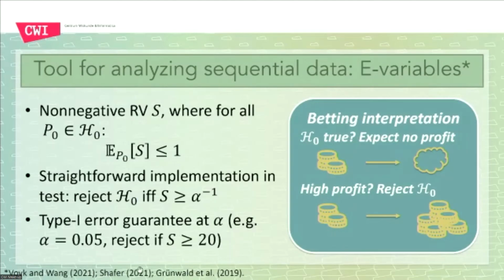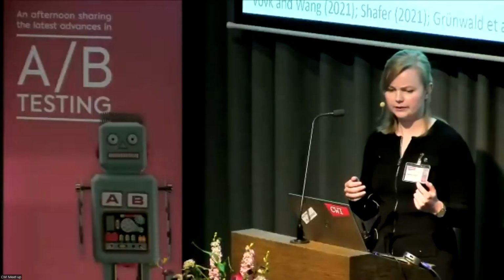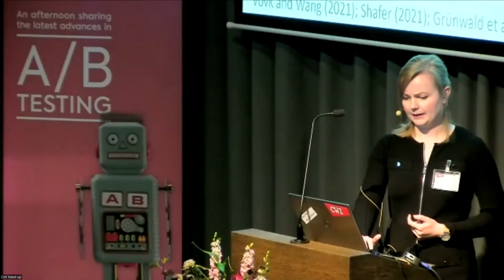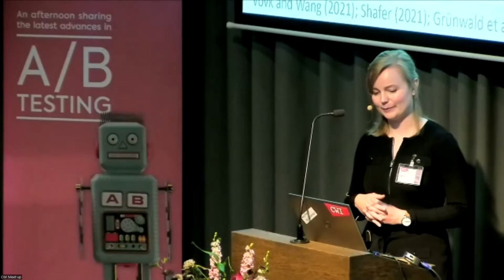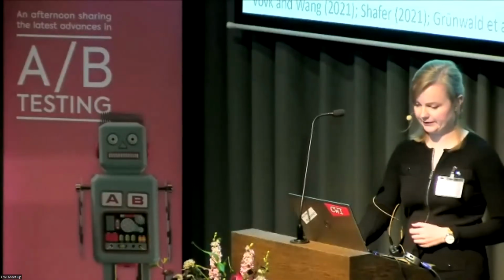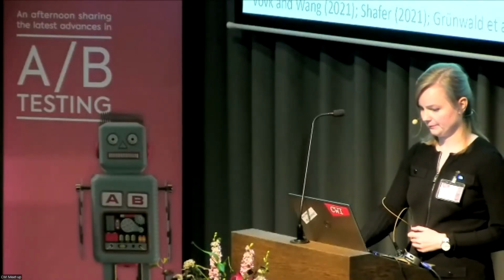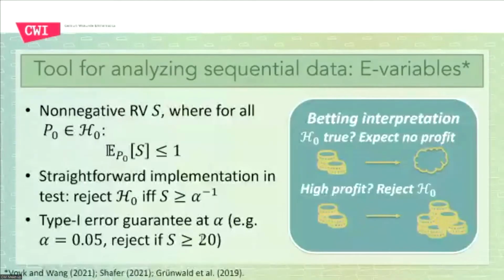What you often see in practice is that people set alpha to 0.05, or I think in psychology today, even 0.01. Then we would reject the null hypothesis if the E-variable exceeds 20, or 100 in the 0.01 case. So this is a relatively broad definition, and you might think, well, what do these random variables look like? And here I have for you the definition of the very general expression that we found.